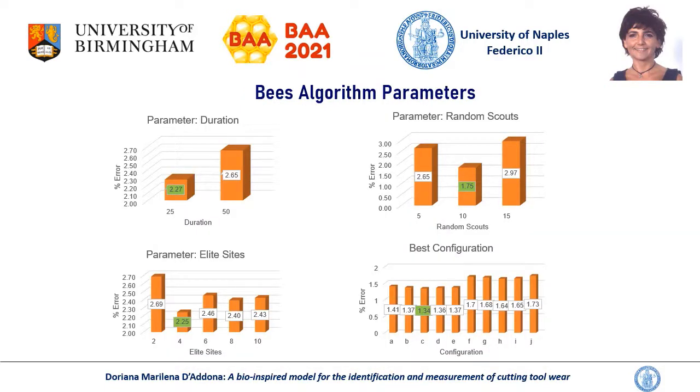To find the best BIS algorithm solution, we have optimized the BIS algorithm configuration, testing different configurations and varying some parameters such as duration, random scout, and elite sites. After the calculation of the percentage error, the best BIS algorithm configuration can be chosen, that is the configuration with the minimum error.